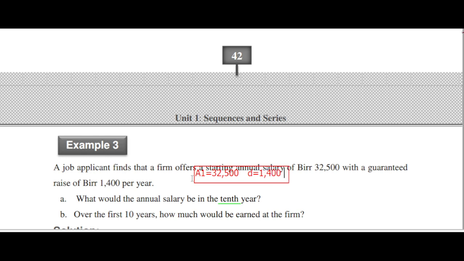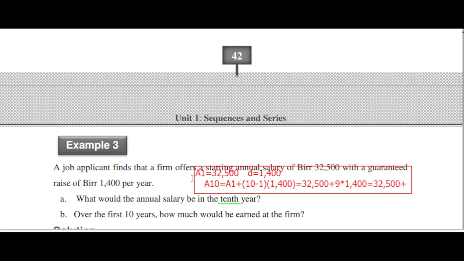So let's compute. A10 is equal to A1 plus 10 minus 1 times d. We have A1 is 32,500 plus 10 minus 1, 9 times 1,400.